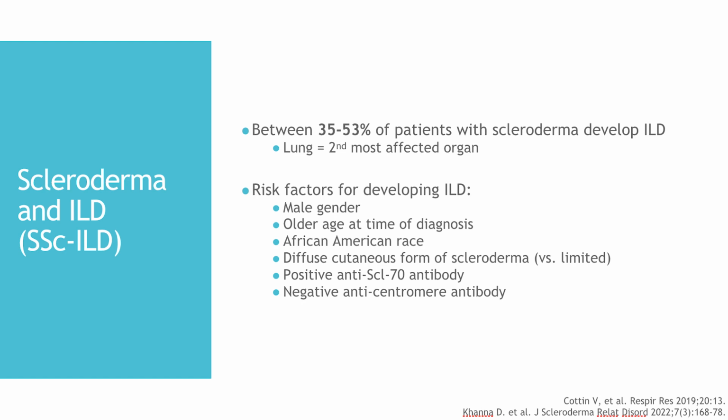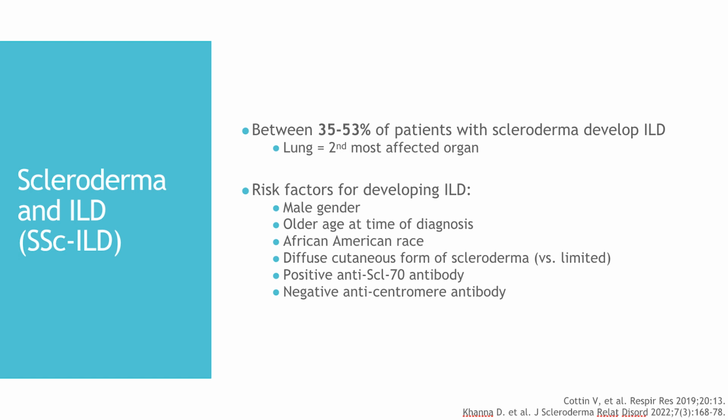Risk factors for developing ILD specifically within the scleroderma population: male gender has been associated with higher rates of ILD, an older age at diagnosis of scleroderma, African American race, the diffuse cutaneous form of scleroderma as opposed to the limited form, and then certain antibody profiles.